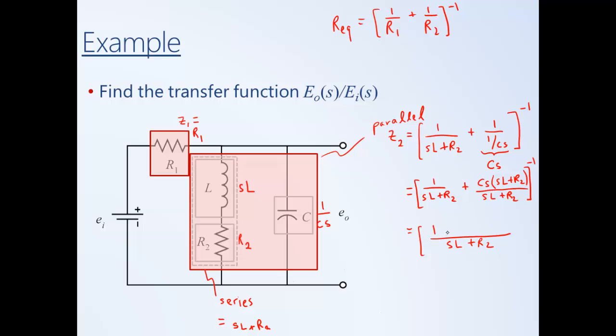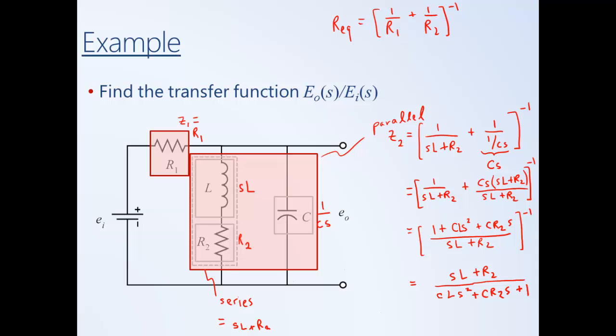The numerator is 1 plus, if I distribute, CL s squared plus C R2 s. And then if I invert that, I get that Z2 is equal to sL plus R2 divided by CL s squared plus C R2 s plus 1.